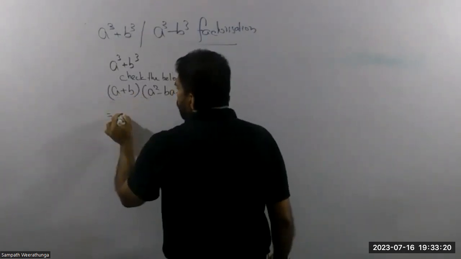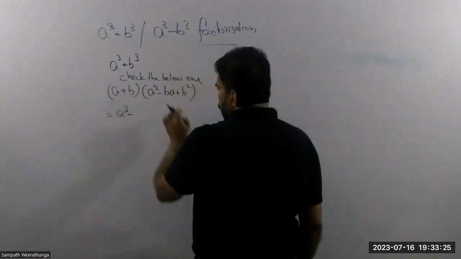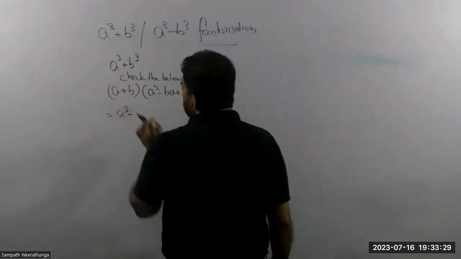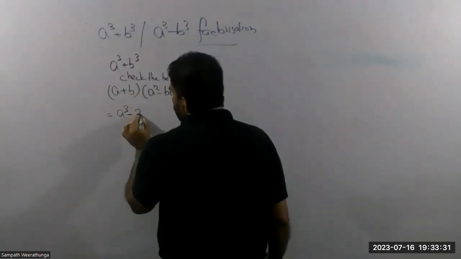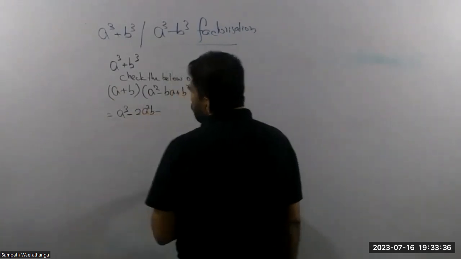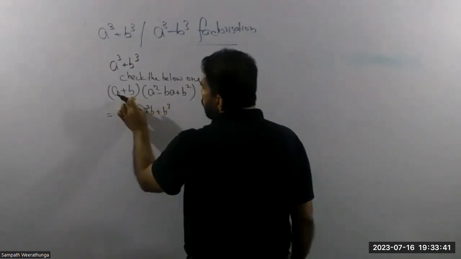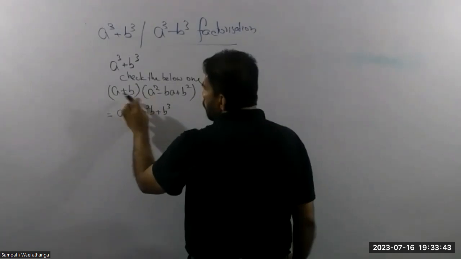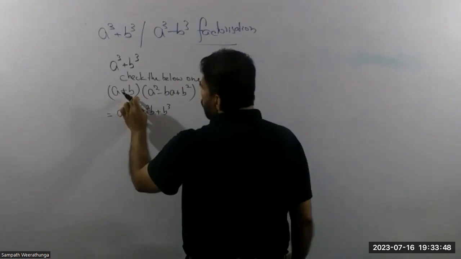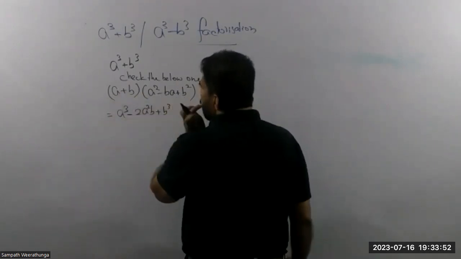A into A cube, A squared B, and here also again A squared B. And B cube, and this one, A squared B positive, and again A squared B.